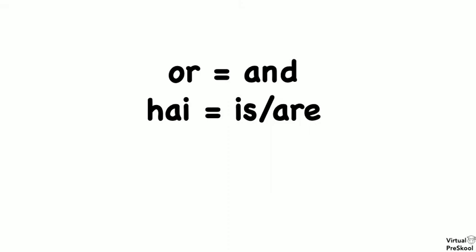Hai equals is or are, like we are going somewhere. We are going to the store. We are going to get ice cream. Or it is hot outside. It is summer right now. So hai means is or it can mean are.